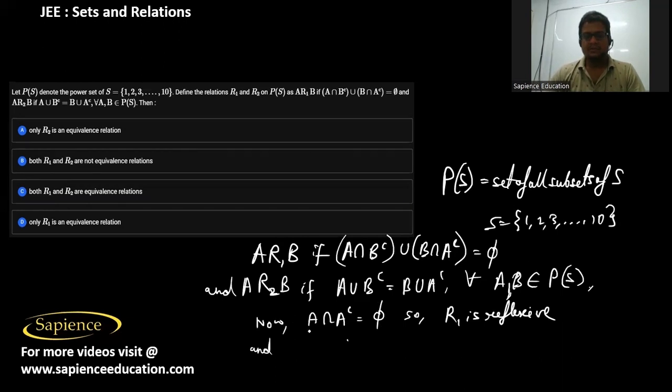And also A is related to B under the relation R1 implies that B is related to A under the relation R1.